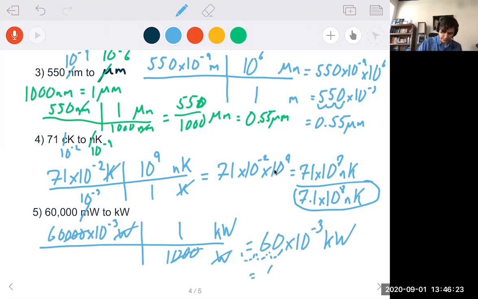So this would equal 0.06 kilowatts, if you want to put it that way. Which also equals 6.0 times 10 to the, oh, I'm out of room. Let me go ahead and put that down below. Equals 6.0 times 10 to the minus 2 kilowatts in proper scientific notation.